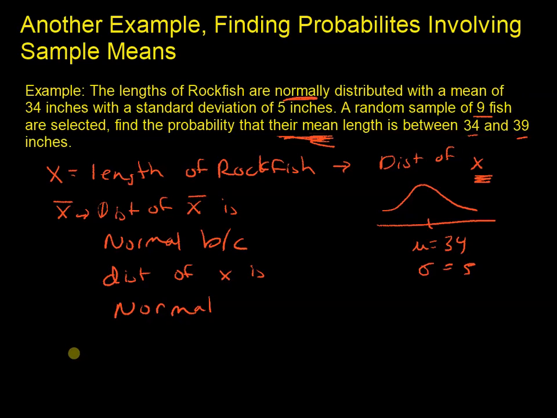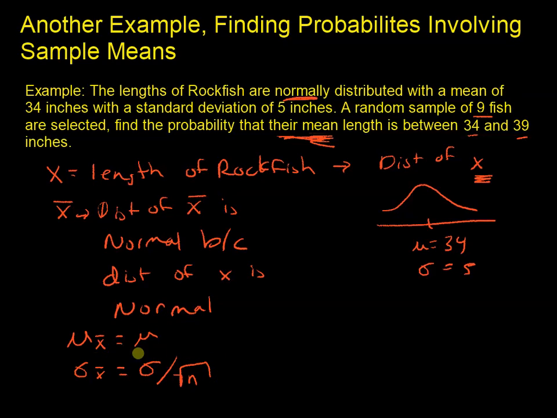All right. So we still need to know the mean and standard deviation of x bar. It turns out that these are still the same as in the central limit theorem, okay? So this mean is still the mean of the original data, and this standard error, because it's the standard deviation of x bar, is sigma over the square root of n.